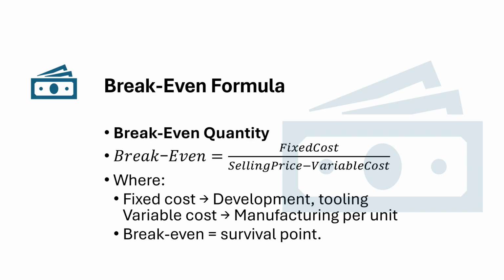The break-even represents the survival point. At this point, the total revenue equals the total cost. There is no profit and no loss. Every unit sold after the break-even contributes directly to the profit.